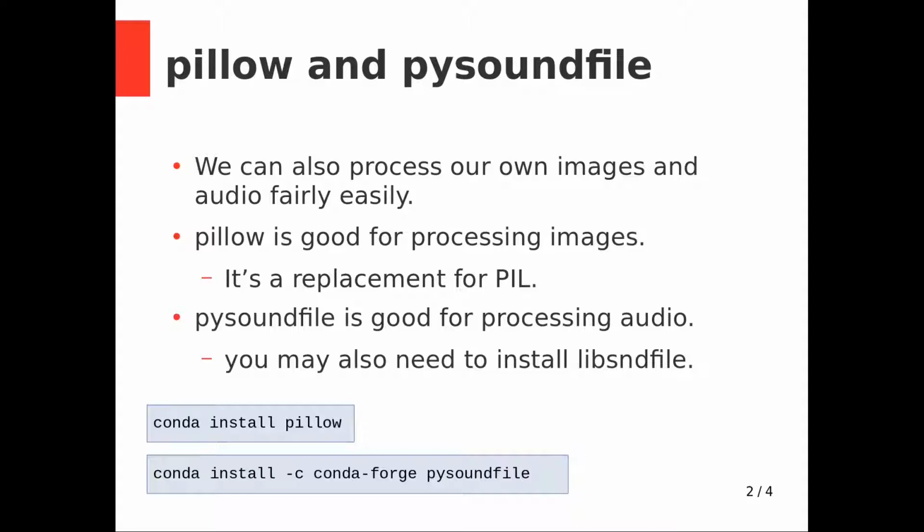It was abandoned by its creator, as sometimes happens with open source projects. The developer loses interest, decides to move on, whatever, and an open source project becomes an orphan. Pillow is a fork of PIL that continues development and fixes some old bugs.